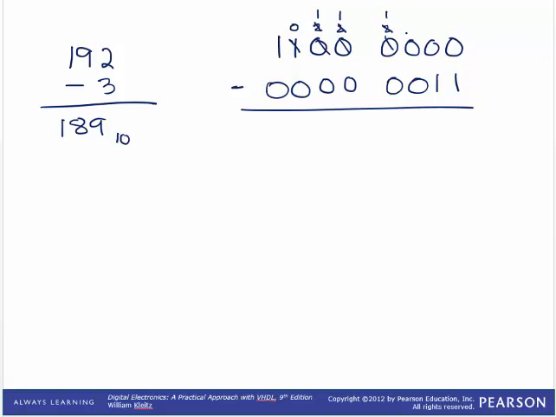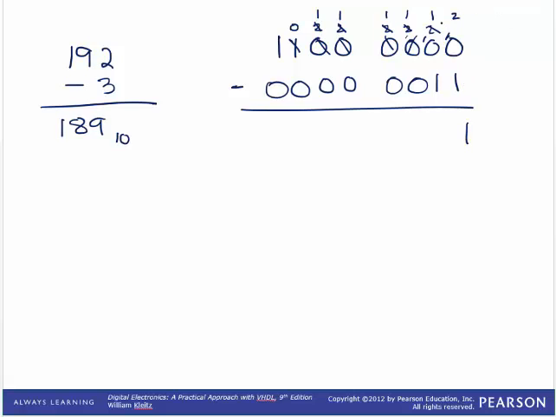I'm going to borrow from it, move a 1 over to here. It's now a 2, but I'm going to borrow from it again, move a 1 over to here. Nope, but I'm going to borrow from it again and take a 1 and move it right over there. So now that's 2 in decimal.